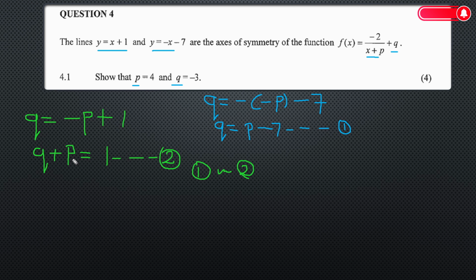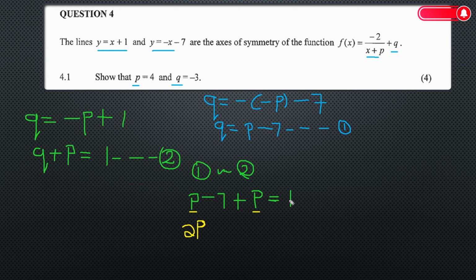So now let's say that 1 is to 2, right? So then now I'll just say q, which is p minus 7, right? Then the plus of p is equal to 1, right? So then now we have to take this to the other side, but if you check, you'll see that this will plus this, and then you're going to get 2p, right?